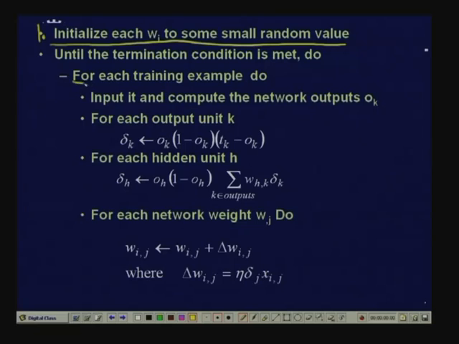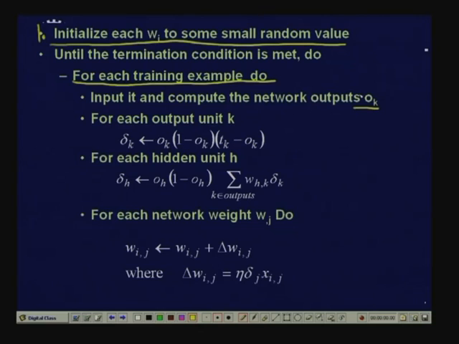After that, we feed the training example to the network. For each training example, we take it and input it to the network, and we compute the network outputs Ok for each output unit k. And then we will do gradient descent with back propagation.